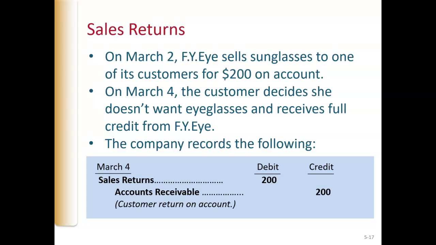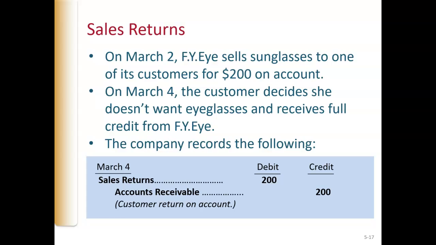If this is the case, think about on March 2nd, they debited accounts receivable, they credited sales revenue, right? But if the company receives back those items, they will report in their books a debit to sales returns and a credit to accounts receivable. So it's going to wipe out the receivable.